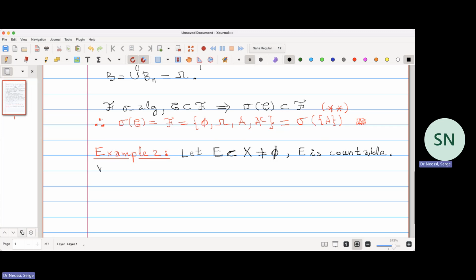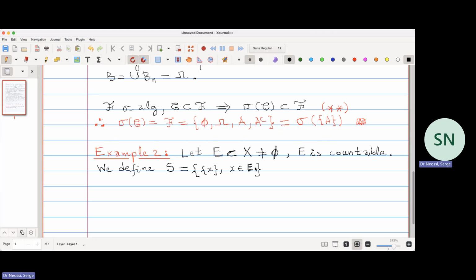So we define S to be the set of elements of the form... right?